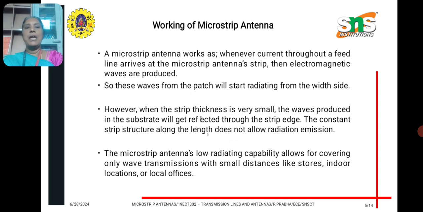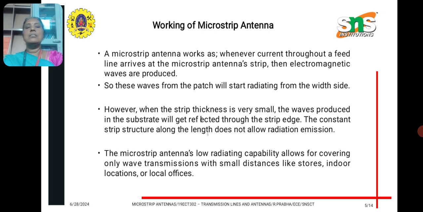A microstrip antenna works as follows: whenever current throughout a feed line arrives at the microstrip antenna strip, then electromagnetic waves are produced. So, these waves from the patch will start radiating from the width side. However, when the strip thickness is very small, the waves produced in the substrate will get reflected through the strip edge.